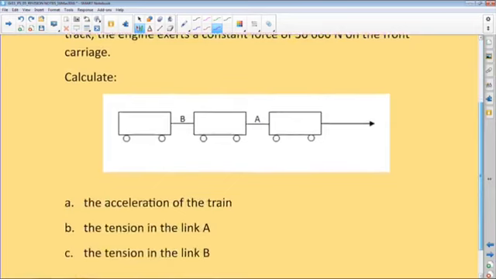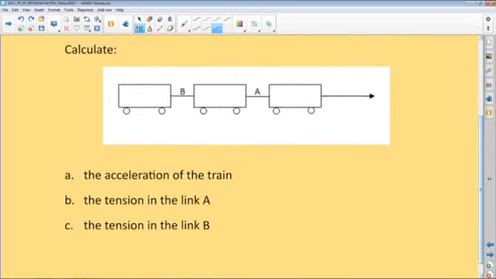Let's have a look firstly at the diagram. We've got the 3 carriages: carriage 1, carriage 2, carriage 3. We don't have a picture of the engine, but I'm going to say that the engine is over here. And then each one is going to have friction.